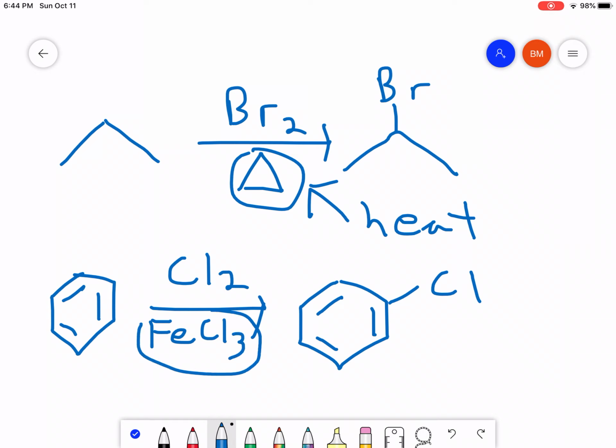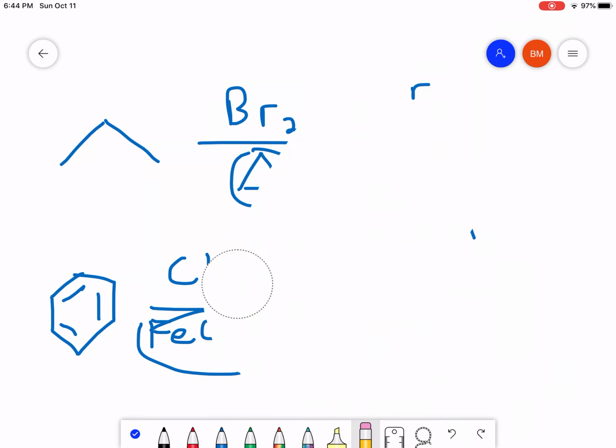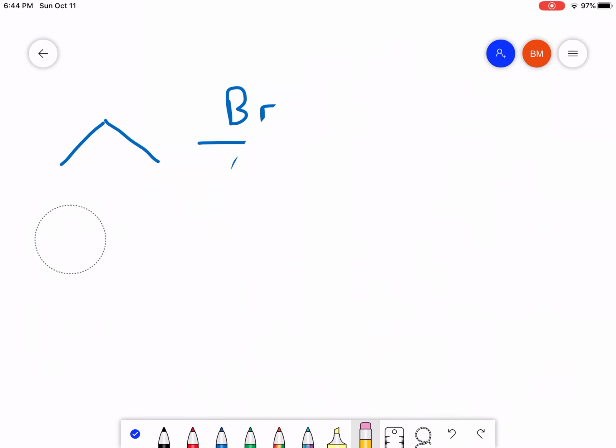As you may remember from previous classes, a catalyst speeds up the reaction but is not chemically consumed, so it doesn't count as a reactant. So we put it on the bottom. Just like you can have several reactants, you can have several other things besides reactants, such as a catalyst or solvent. They can all go on the bottom of the arrow.